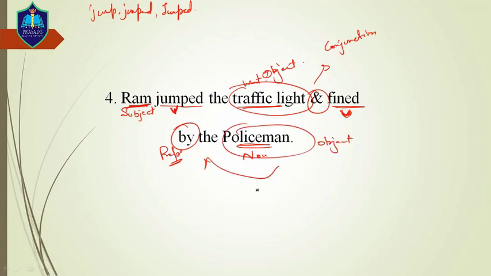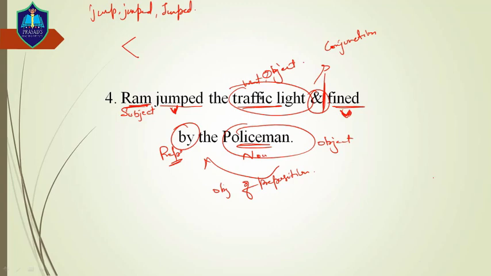So by this, it is an object of preposition. So we are done till here, right? So here we just plotted everything in this particular statement: subject, verb, object, preposition, conjunction, object of preposition, everything is done.